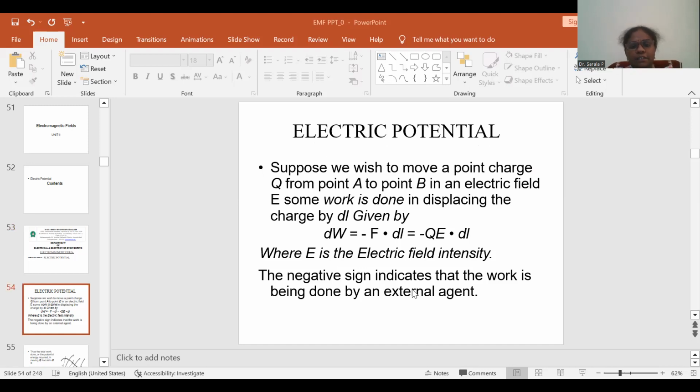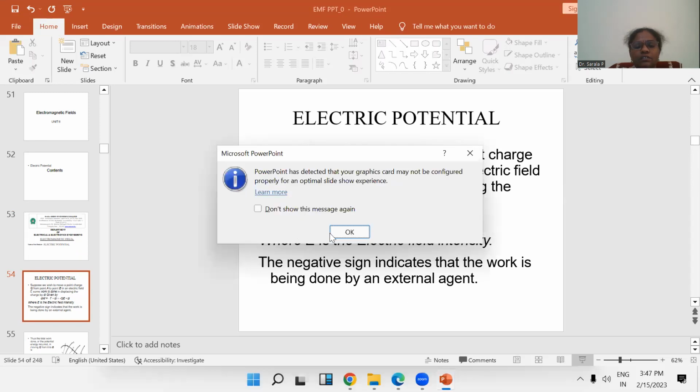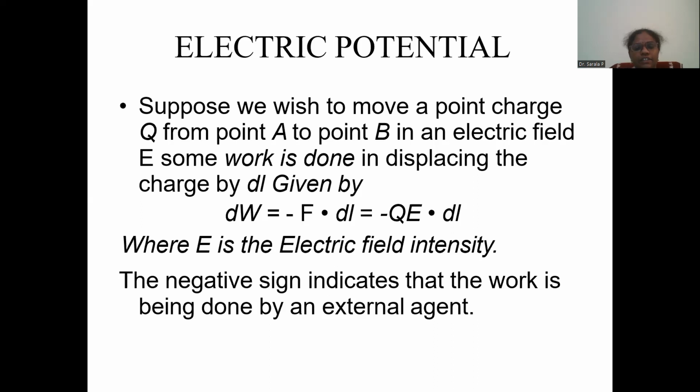Normally, suppose we want to move a point charge from point A to point B in an electric field. Some work is done in moving that charge from A to B, and that is given by dW = -F·dL.